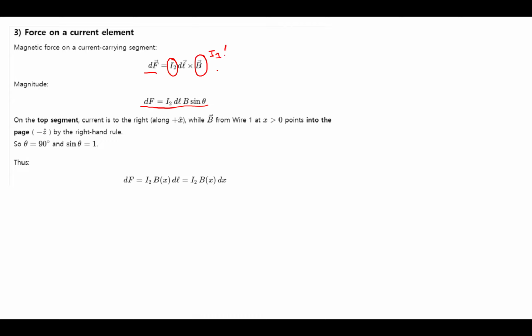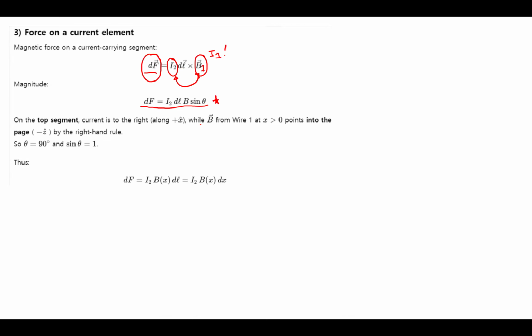So our current I1 is generating a magnetic field, and the current on the top element of the loop is interacting with this magnetic field to result in the force. So note that it is from the B1. And then you can see that it is given by this element.